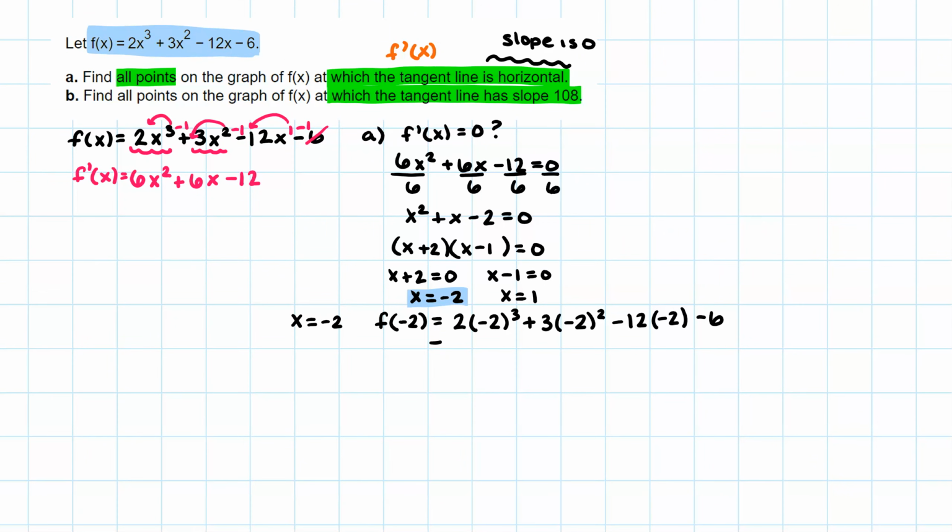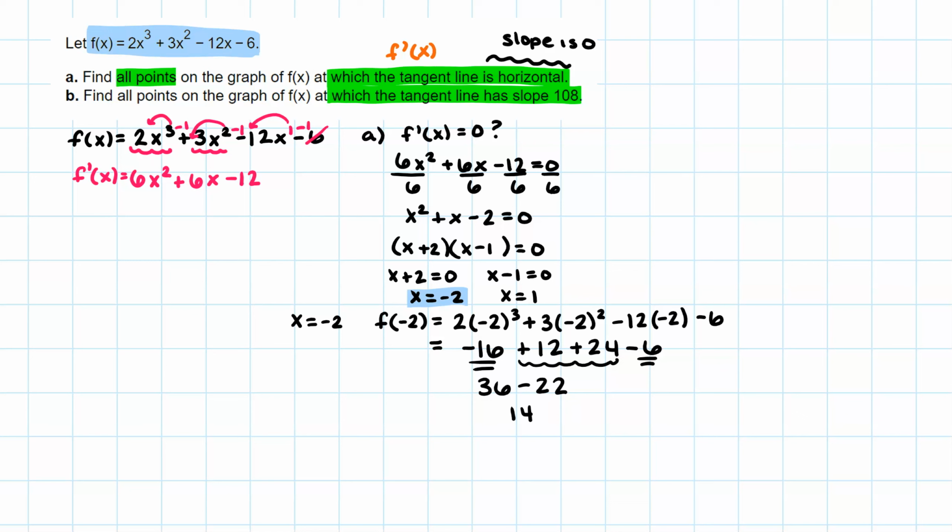So that would be 2 times -8, so -16, plus 3 times 4, so plus 12, minus 12 times -2, so plus 24, and then minus 6. So I've got 36, and then minus 22, which makes 14.